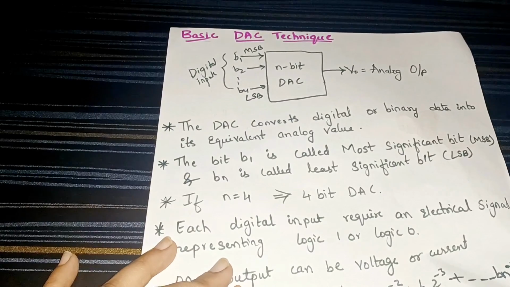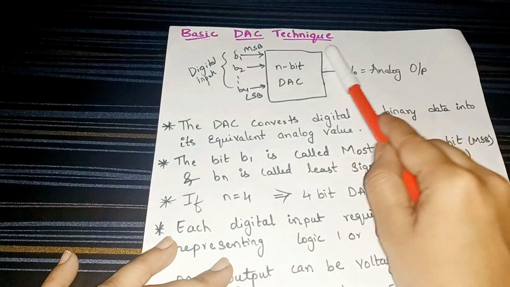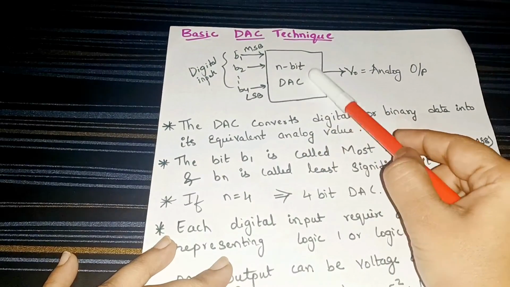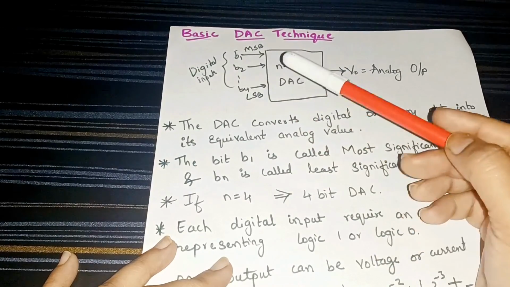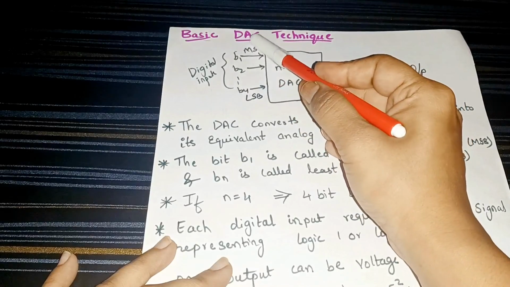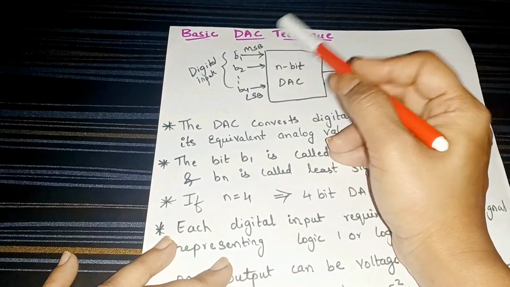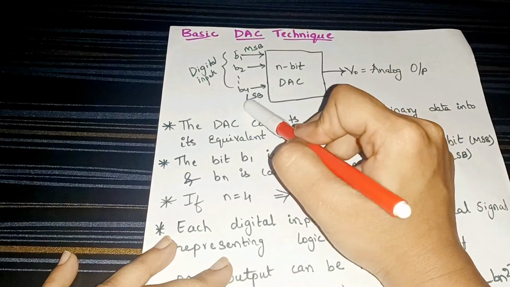First we'll discuss digital to analog conversion. Here we have a basic diagram of a DAC for n bits, from binary digit 1 to binary digit n. The first binary digit is our MSB, the most significant bit, and the last binary bit is our LSB, the least significant bit.